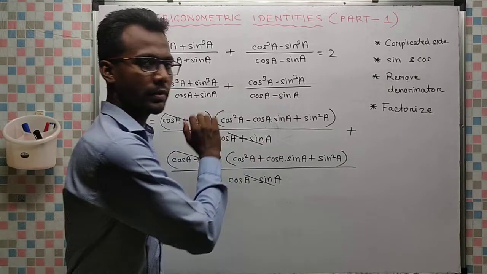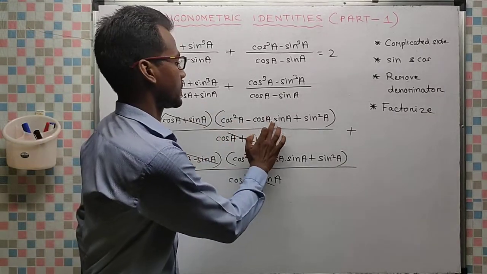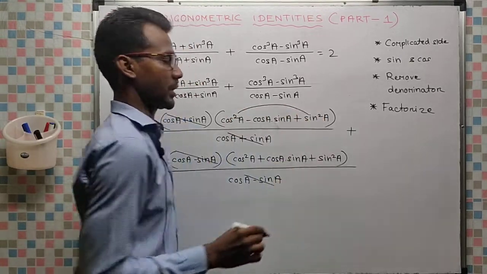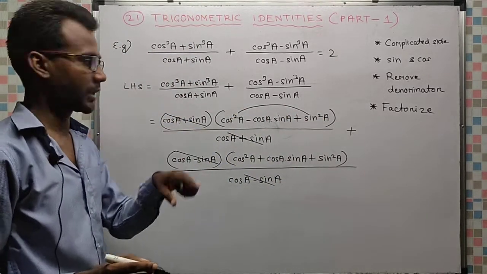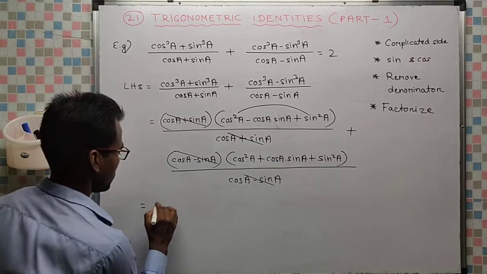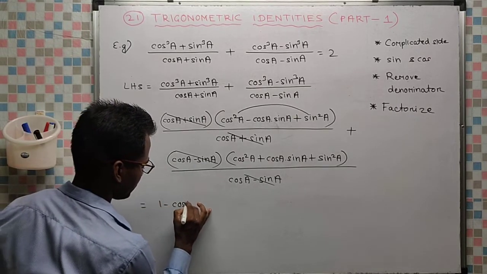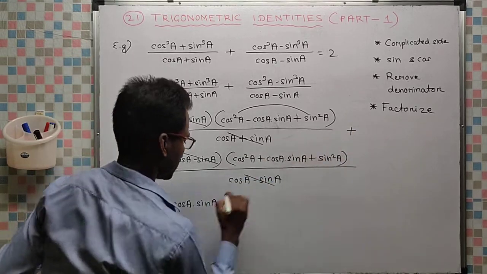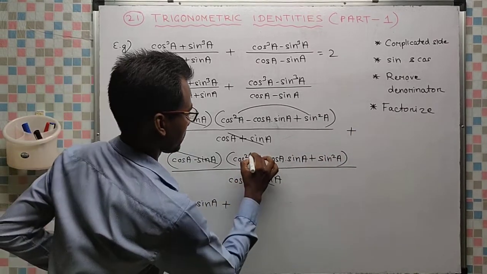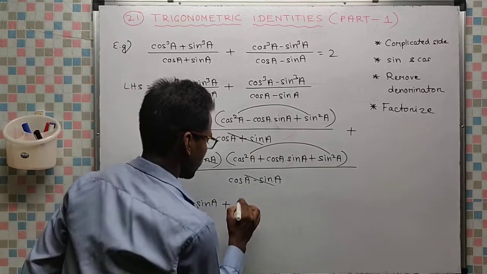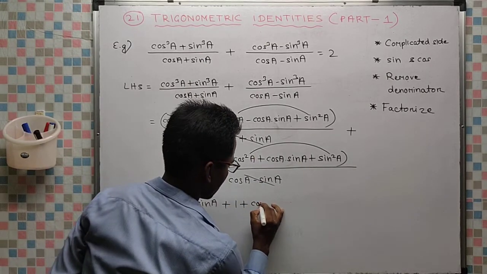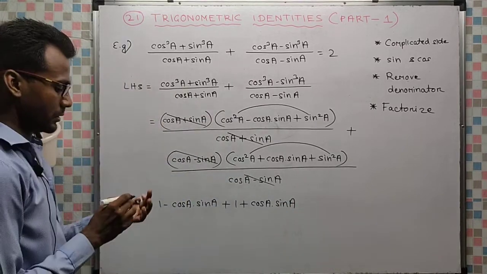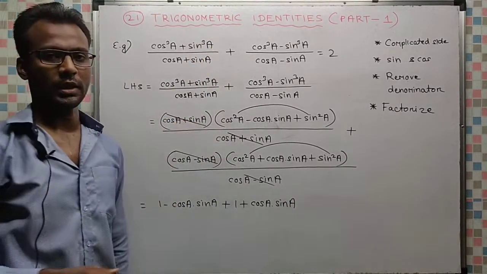Now see the first numerator, cos square A minus cos A sin A plus sin square A. Now what is cos square A plus sin square A? 1, a trigonometric identity. So this is 1 minus cos A sin A, then plus, again here cos square A plus sin square A is again 1, plus the remaining cos A sin A. So you can see it was looking very complicated.